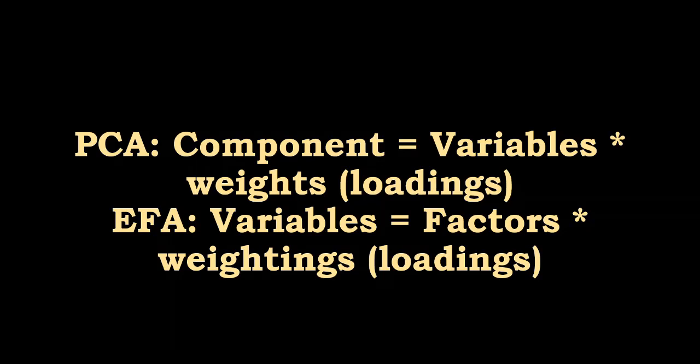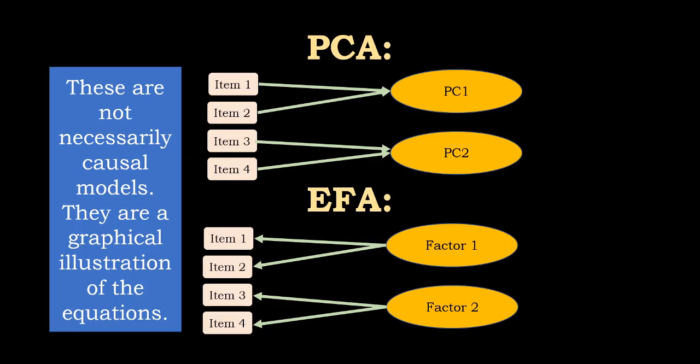Now, the results are typically very similar in principal component analysis and exploratory factor analysis, but mathematically they are quite different. Also, I've been warning that in principal component analysis we get the arrows from the items to the components.